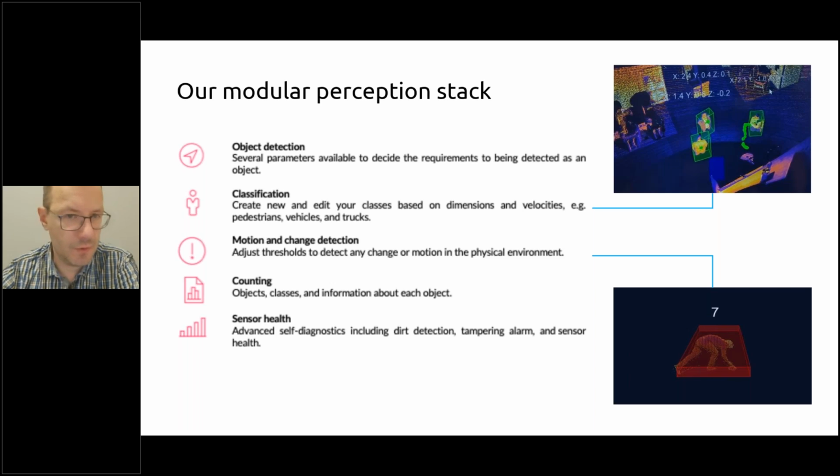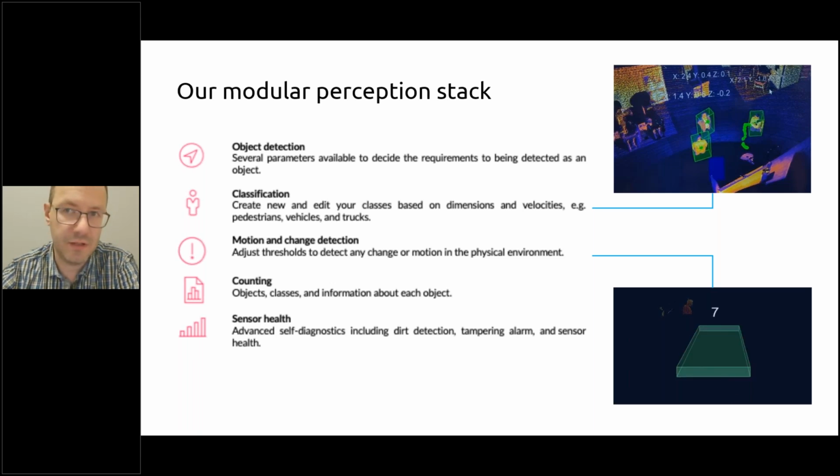But if you want to detect any kind of motion, if this is a stone, if this is a rock, if this is something even giving you a couple of points in the 3D data, we also have support for that, and we call it motion and change detection. And then you can define different thresholds on what the system should react to, at what thresholds it should send a warning.